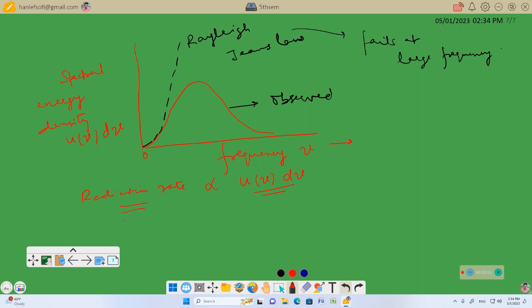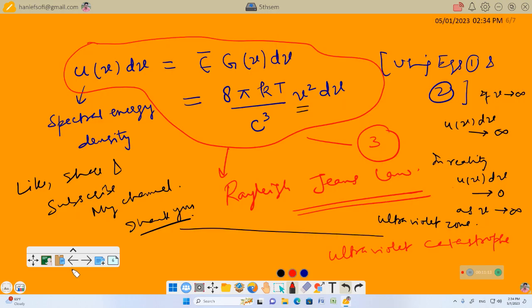That means, according to Rayleigh-Jeans law, radiation rate is okay at low frequencies, but at higher frequencies, it should go to infinity, but in reality, it must approach zero. And this failure, as I told you, is called ultraviolet catastrophe. Now, that means there is something wrong with Rayleigh-Jeans law. What is wrong with Rayleigh-Jeans law?